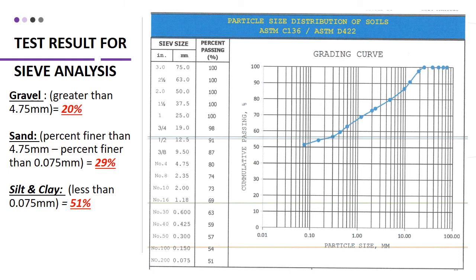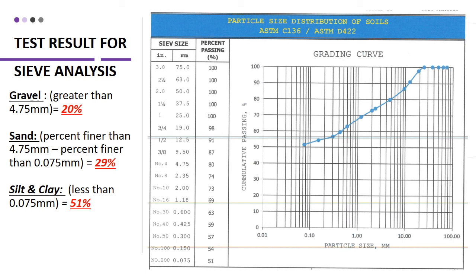Now for the determination of the percentage of sand, according to the Unified Soil Classification, it is the percent finer or the percent passing at 4.75 mm sieve minus the percent passing or percent finer than 0.075. So the words percent finer than and percent passing are used interchangeably.